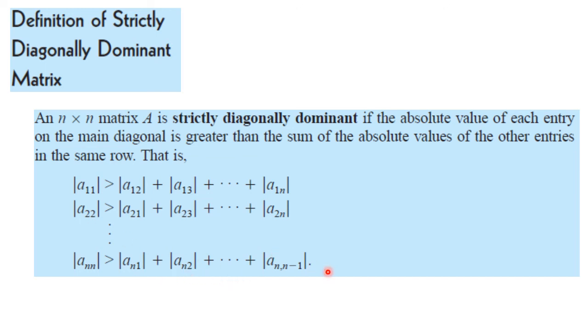Then you can say that the system is strictly diagonally dominant. So students, this was all about the Jacobi iteration method and the Gauss-Seidel method. And this was the important concept in this last slide: if the system is strictly diagonally dominant, it gives you a guarantee that the system will converge to the solution.